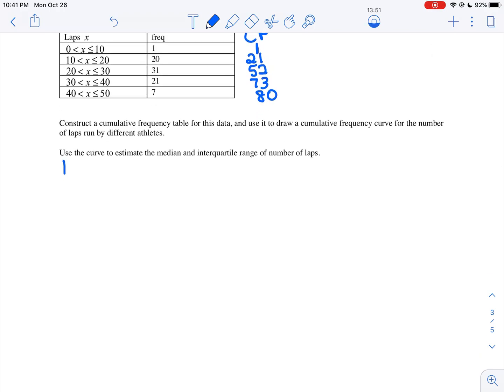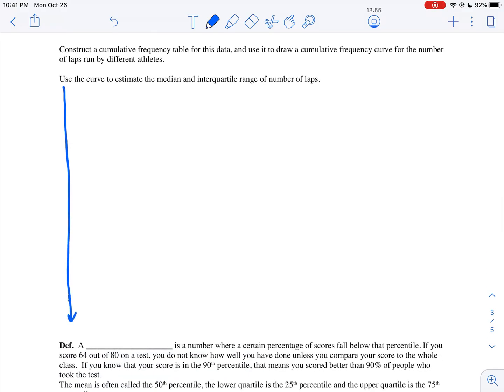So watch what I'm going to do here. Okay, let me see how much space I have. There we go. And notice I'm only going to be in the first quadrant because you can't have a negative number of laps. It doesn't make any sense.